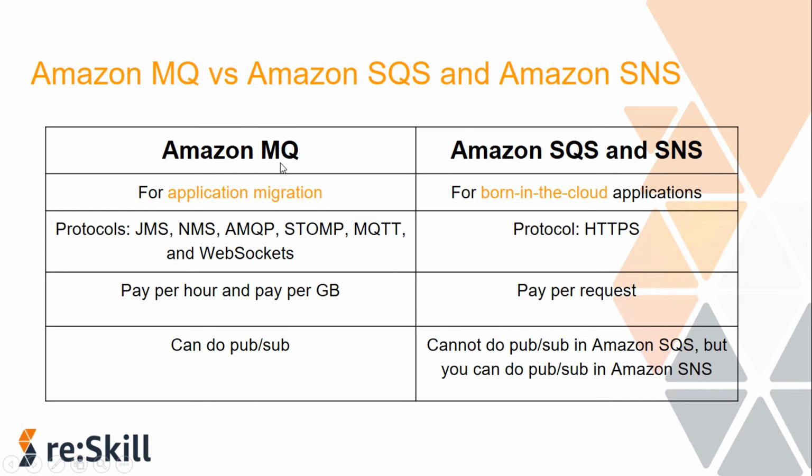It is for the applications which you already have on-premises and you are thinking to migrate, or if you have a producer on-premises and the consumer on the cloud, then MQ will be recommended. But if you have brand new applications that you are building from scratch in the cloud itself, they are born in the cloud, for those applications SQS and SNS will be used. This is the main difference that you can remember.